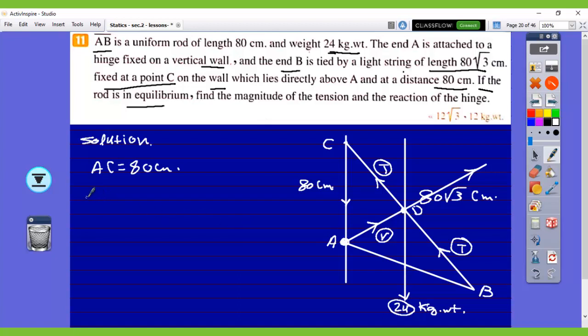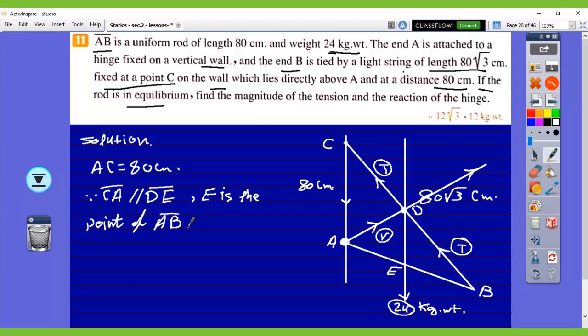So we say, since CA is parallel to DE, let us make a point here, E, and E is the midpoint of AB.